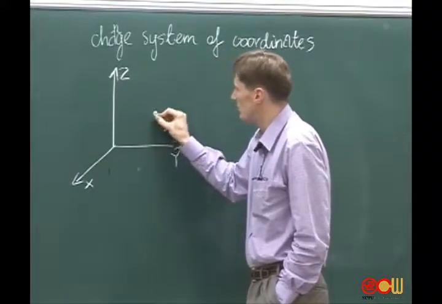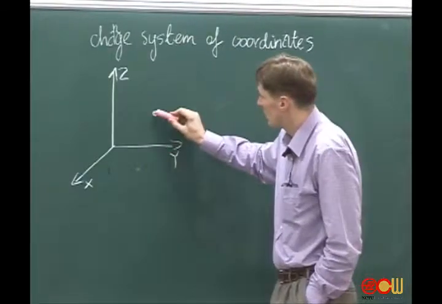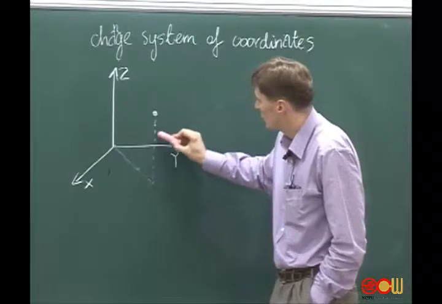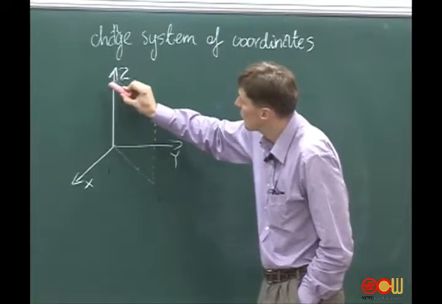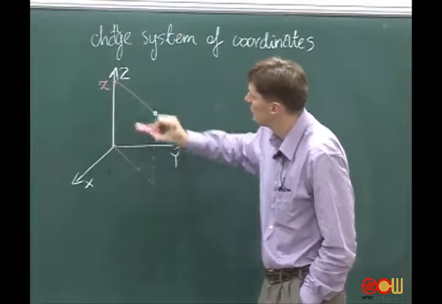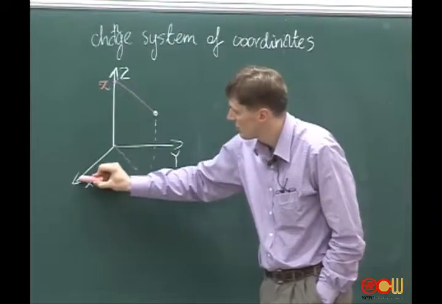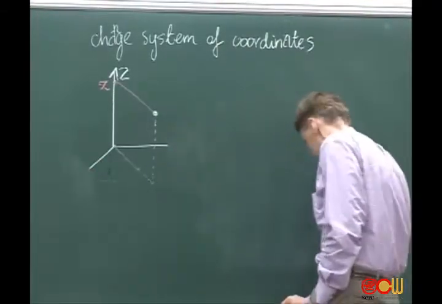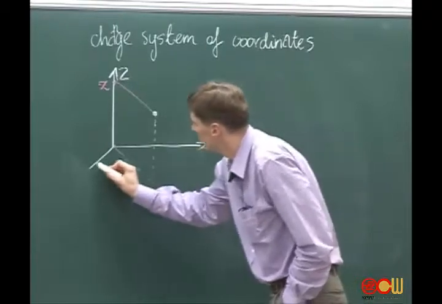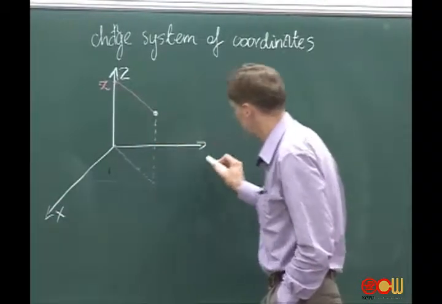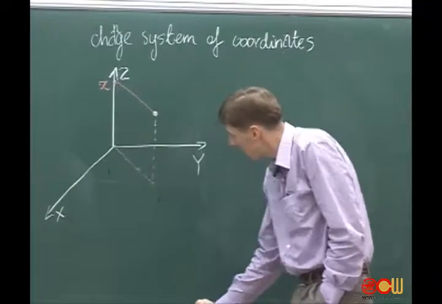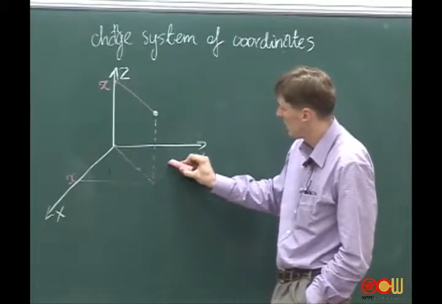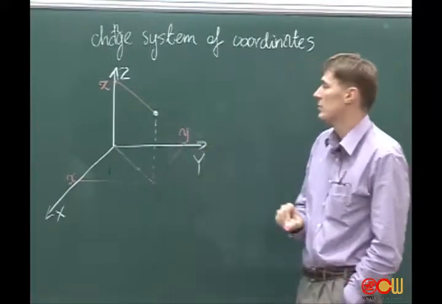Then if you take a point, you can project it onto this one, having some z coordinate, onto this one, having the x coordinate, and having the y coordinate at this point.